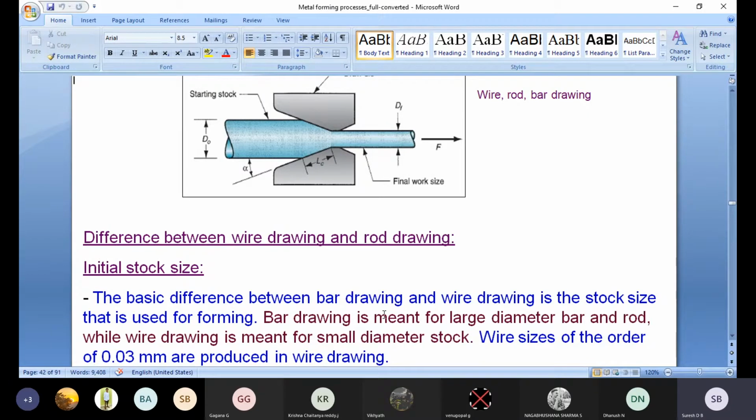The basic difference between bar drawing and wire drawing is the stroke size used for the forming process. Bar drawing is meant for large-diameter bars and rods. Wire drawing is meant for small-diameter wires.